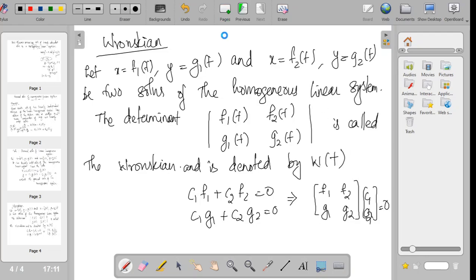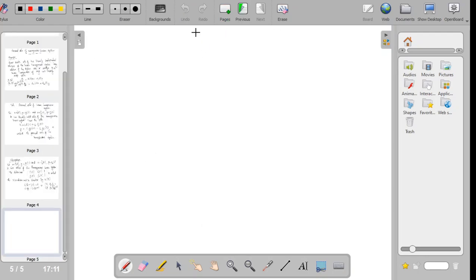So we will write that as a theorem. Okay. So that gives the next theorem.